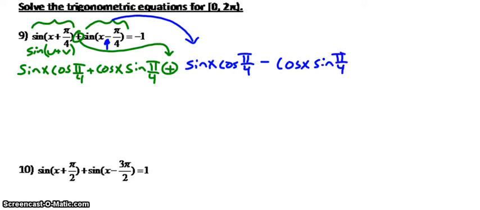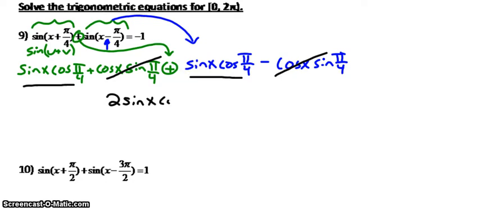What's really nice about this one is we'll see some opportunity for cancellation. The cosine x sine pi over 4 cancels with its opposite, leaving us with two terms that are not only like terms, they're identical. So I have 2 sine x cosine pi over 4.